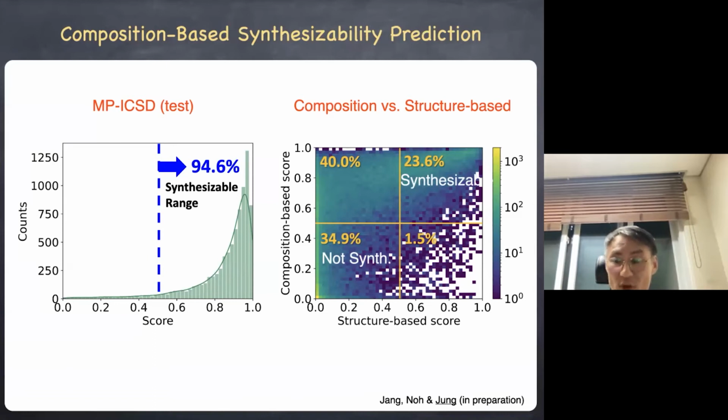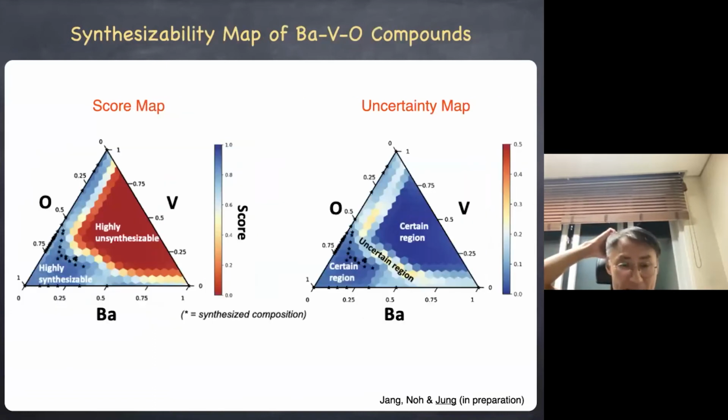So we are exploring along that line, and we apply that to this ternary compound space, barium, vanadium, oxygen space, and these stars are the materials that are already synthesized and reported, and we overlaid these results on top of our color-coded synthesizability map. These blue regions are the highly synthesizable region, and the red regions are the highly unsynthesizable region.